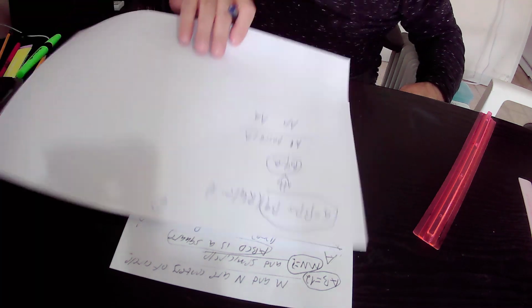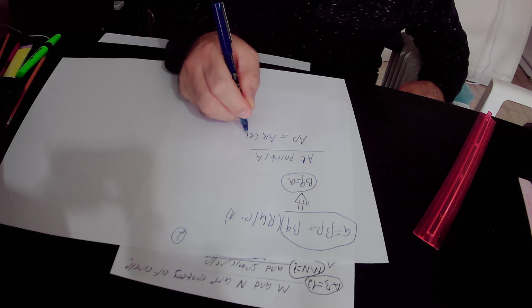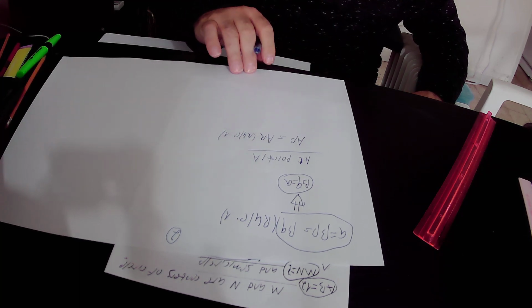That is to say, AP equals AR, according to rule number 1. Okay?